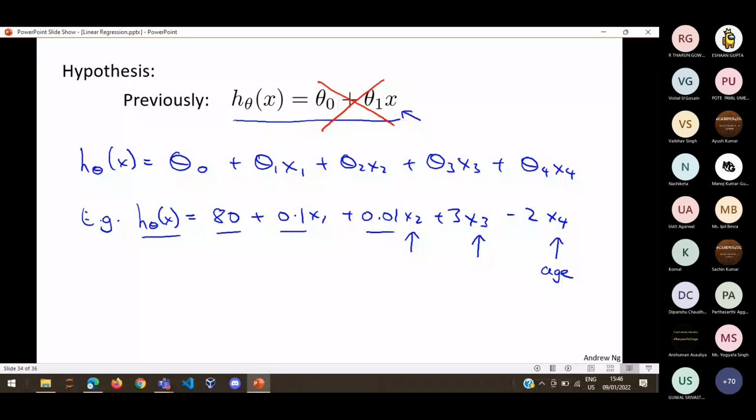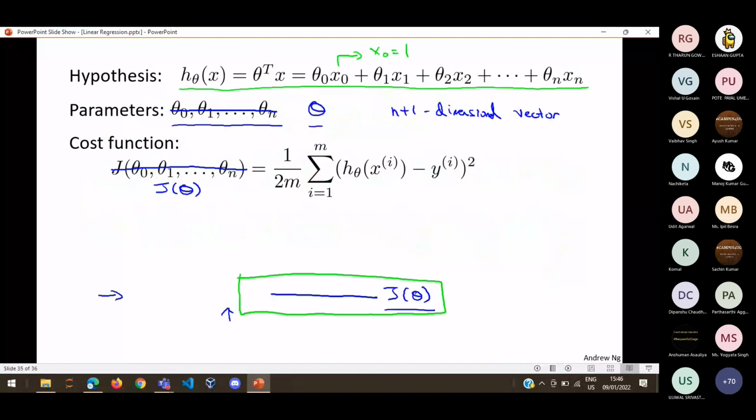So that was the hypothesis value in this equation, theta naught multiplied by x0 and so on. For making calculations easy, we are going to use vectorization, matrix multiplication. So I wrote the hypothesis value as theta transpose multiplied by x.